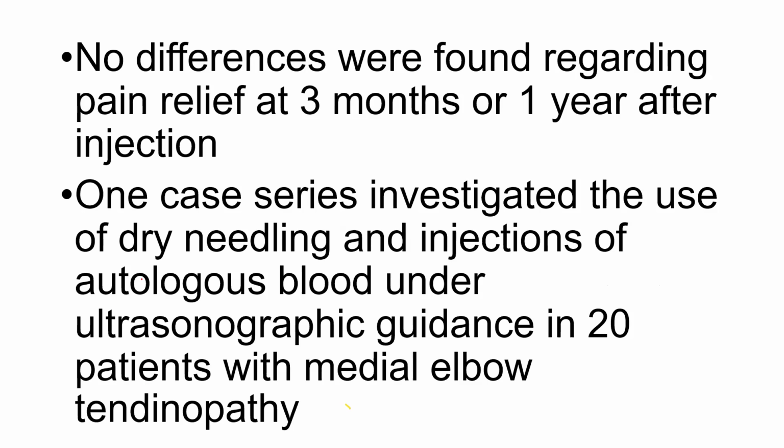One case series investigated the use of dry needling and injections of autologous blood under ultrasonographic guidance in 20 patients with medial elbow tendinopathy. This technique was used by me at times.